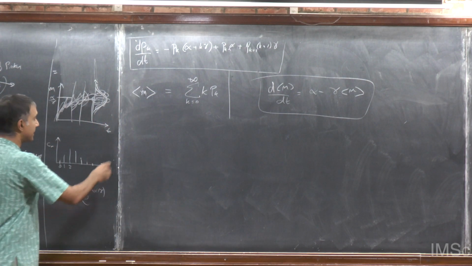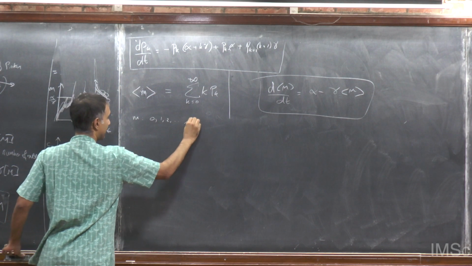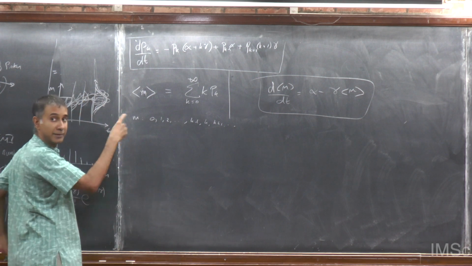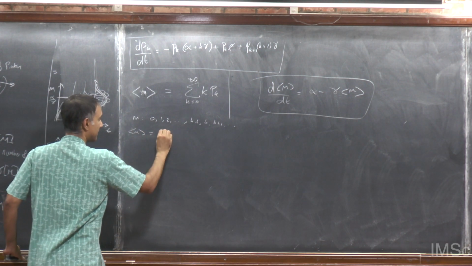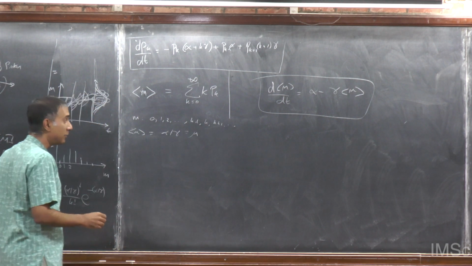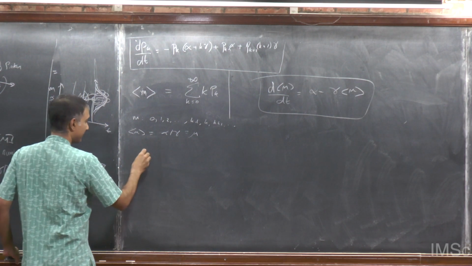So we've already calculated that if m can take on values 0, 1, 2, k minus 1, k plus 1, whatever, and then we do the histogram, then the expectation value of m we just calculated was alpha over gamma, which we're calling mu. Now to calculate the variance, we have to calculate the expectation value of k squared.